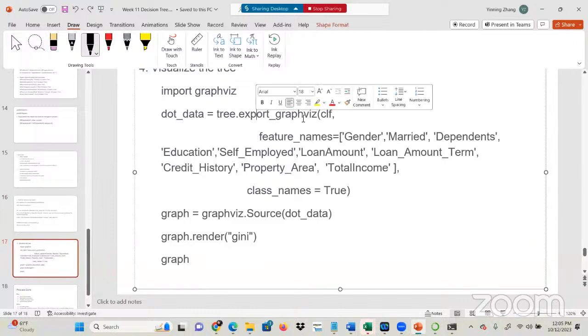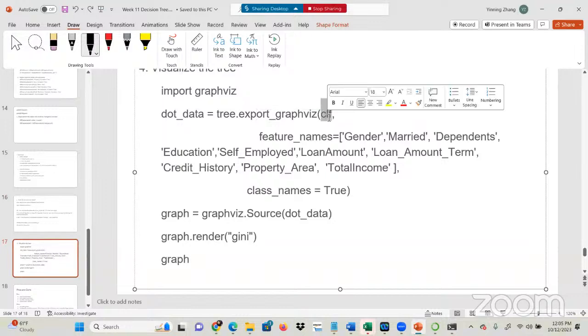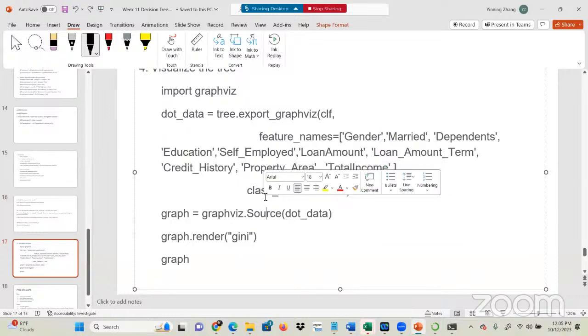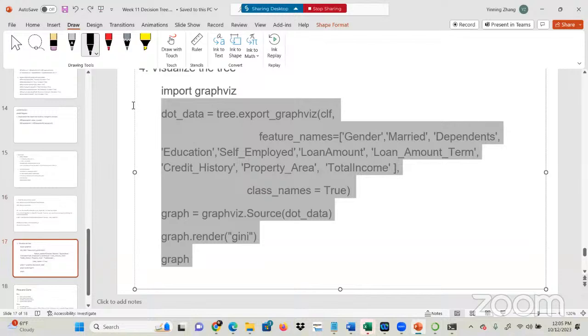You can export this picture of the decision tree. You tell it the model you built, and then the feature names, and whether you want to show the class names or not. You can try different arguments to see what the result will be. Okay.